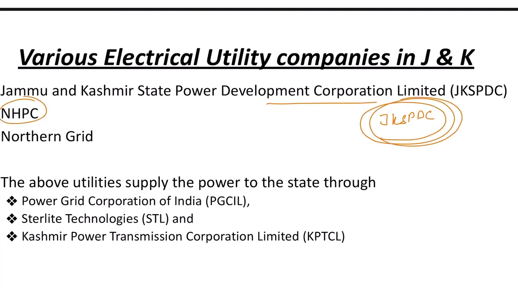You have the NHPC, National Hydropower Corporation, and the Northern Grid, which is the interconnection of various grids. These power generation companies provide power to the state through these companies: the Power Grid Corporation of India, Sterlite Technologies, which is a private entity, and Kashmir Power Transmission Corporation Limited, KPTCL.